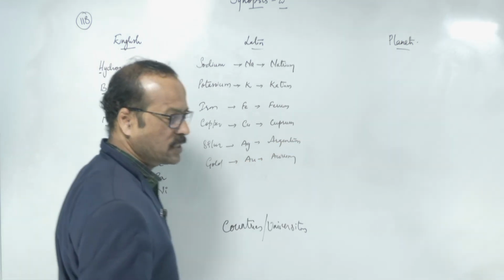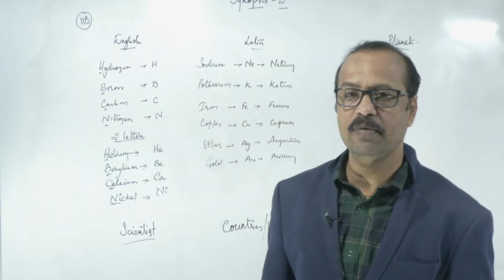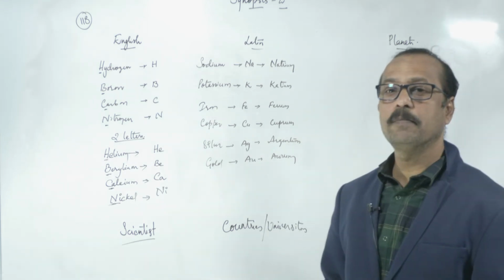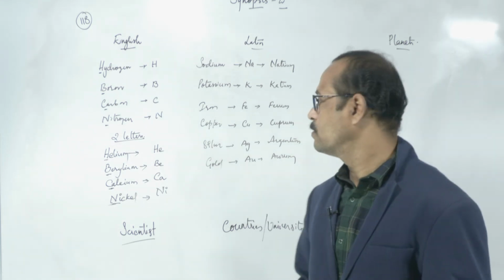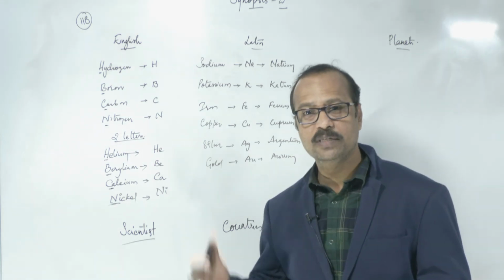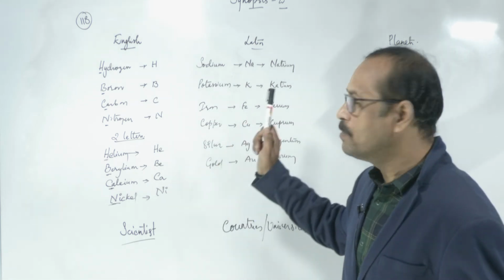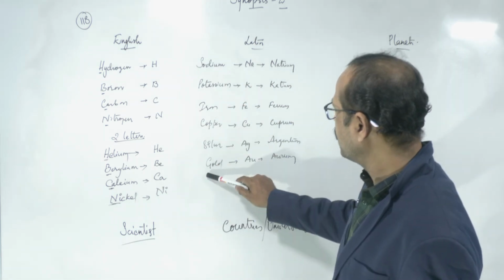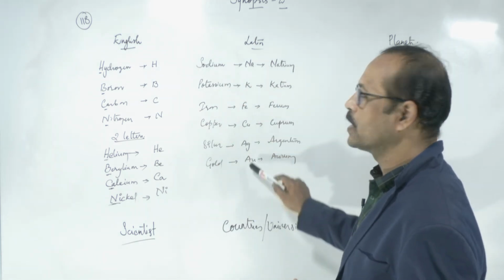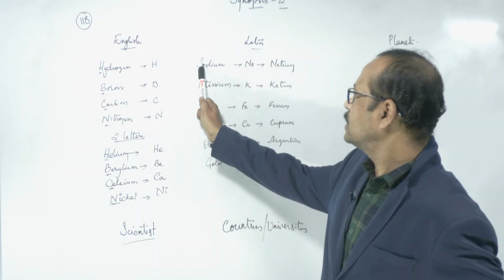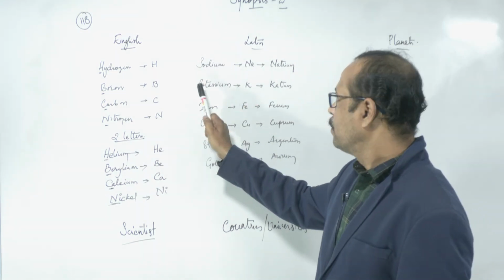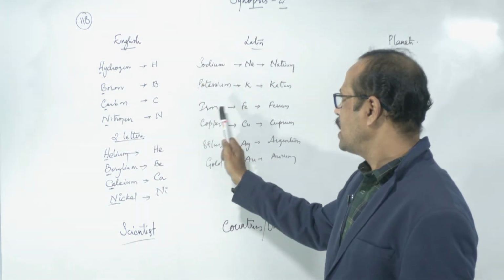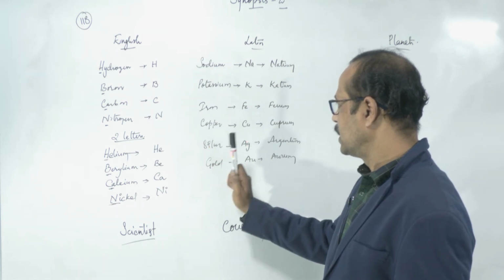So students, which elements are here? Sodium, potassium, iron, copper, silver and gold. These elements start with one letter, but their symbols are different letters. Sodium starts with S, but the symbol is Na. Potassium P, but K. Iron I, but Fe. Copper C, but Cu.